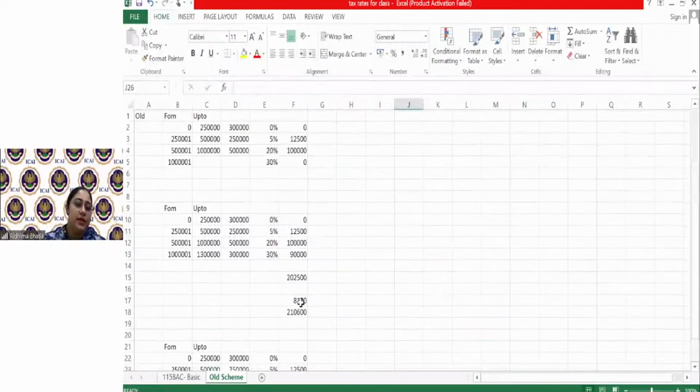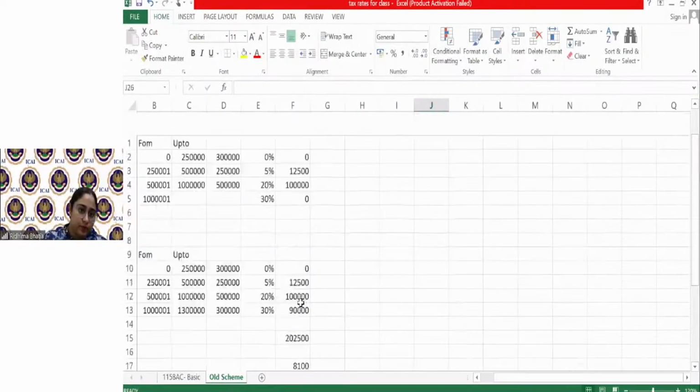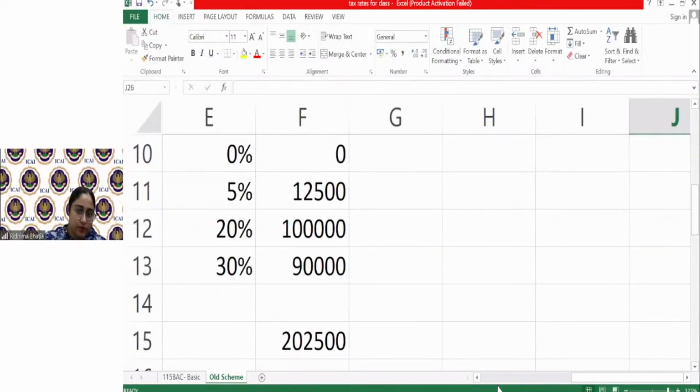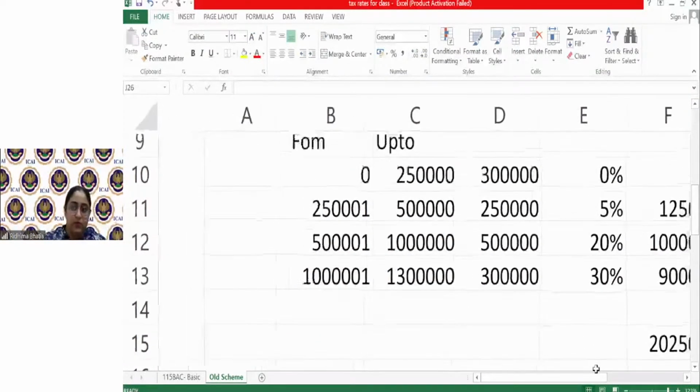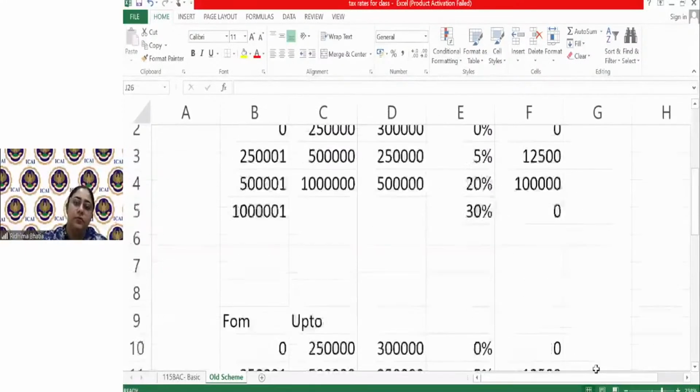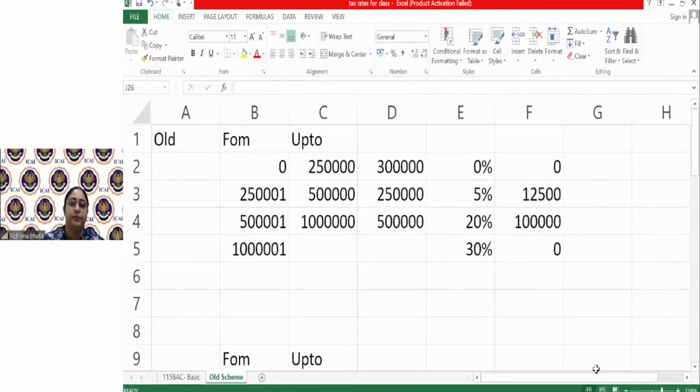Now, the old scheme, guys. The tax rates applicable to the old scheme are on the screen.